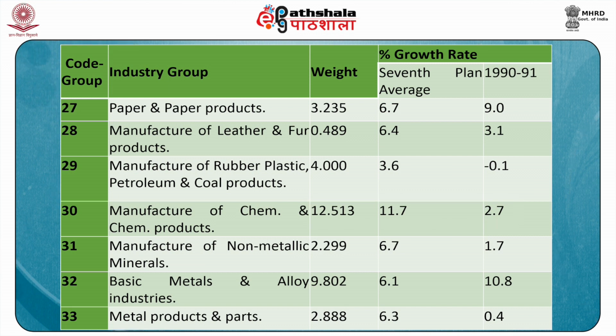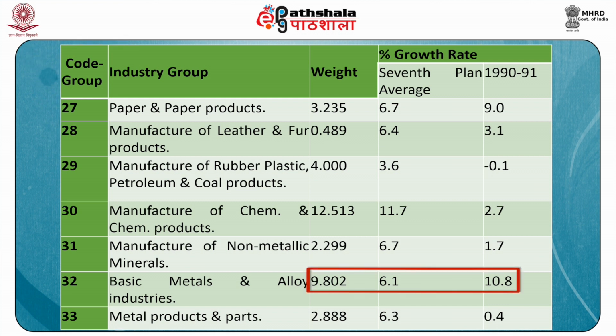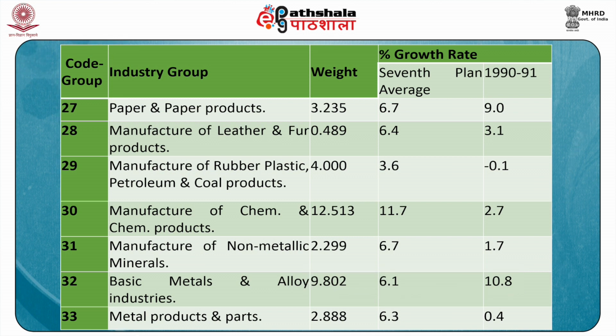1990-91. Next, basic metals and alloy industries. It weighted 9.802 with a growth rate of 6.1% in the 7th 5-year plan, and in 1990-91 the growth rate was 10.8%. Next, manufacture of non-metallic minerals.